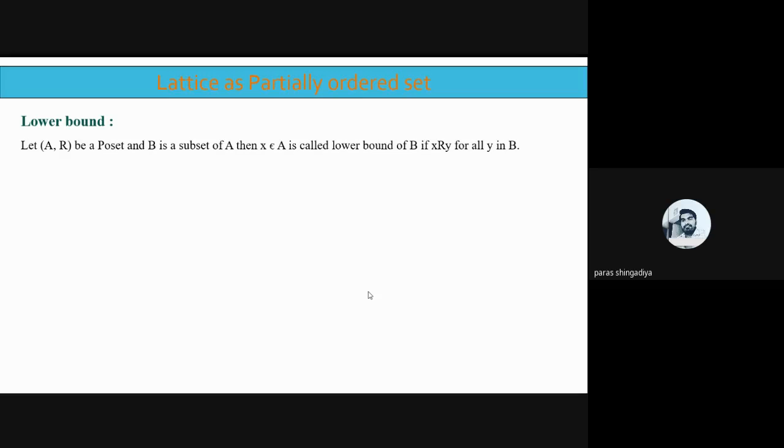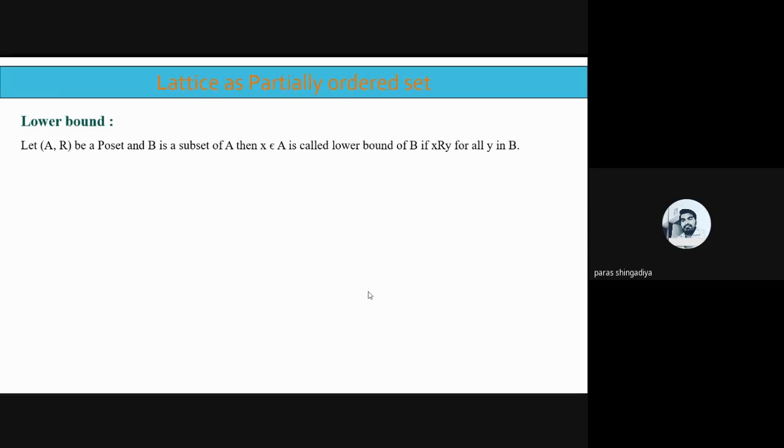Then x belongs to A. Any element x belonging to A is called a lower bound of B if x R y is satisfied for all y belonging to B. For all values of y, meaning y belongs to B, if x is related to y is satisfied, then we can say that x is called a lower bound of B. Clear?